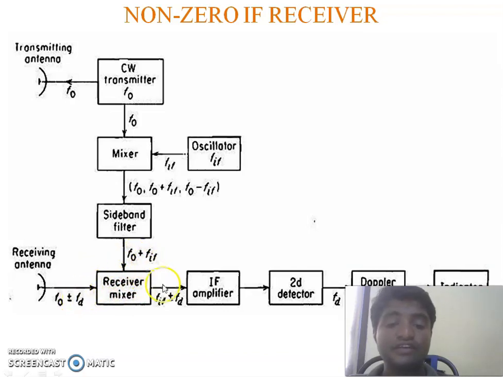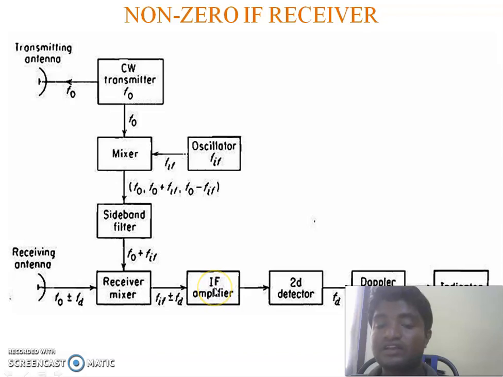The remaining thing is FIF plus or minus fd. FIF is the intermediate frequency. It is a high frequency. If the frequency is high, the effect of flicker noise is low.